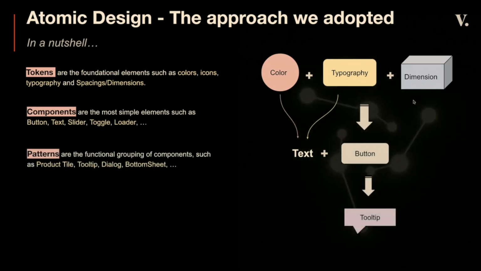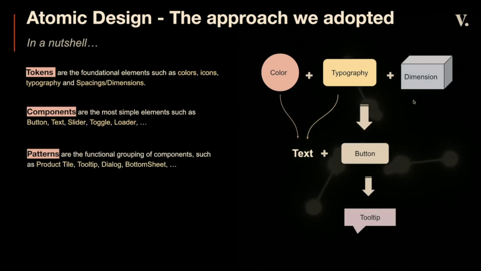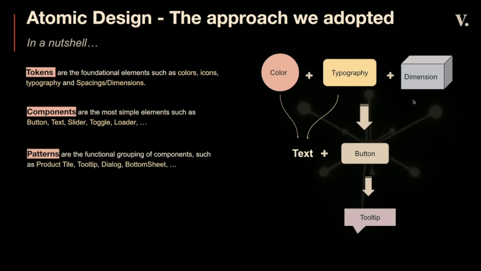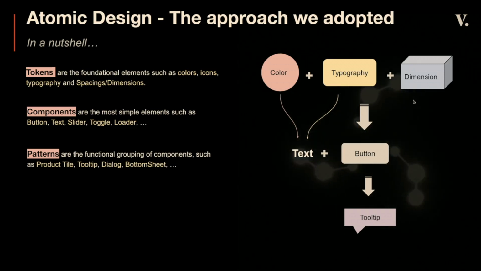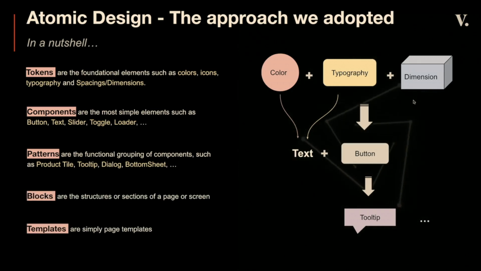Patterns are more of a functional grouping of components, such as product tile, tooltip, or a bottom sheet. And blocks can be a slice of a page with patterns and components inside. And templates are simply page templates.